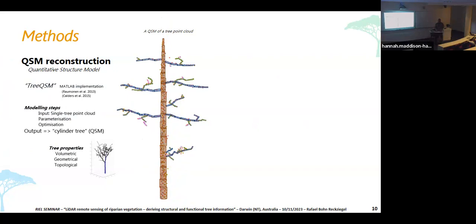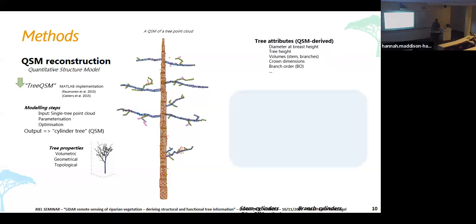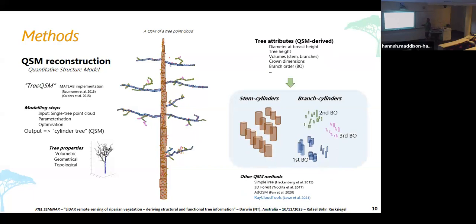With that, we gain a lot of possibilities, which go through volumetric properties, but also geometrical properties, and then topological ones. So how are things connected in space? And from that, we gain a lot of 3D parameters, many of which are hard to measure in the field. For example, the different crown dimensions, the branch volume, the stem volume, and we derive a lot of information because we can reclassify the cylinders accordingly.